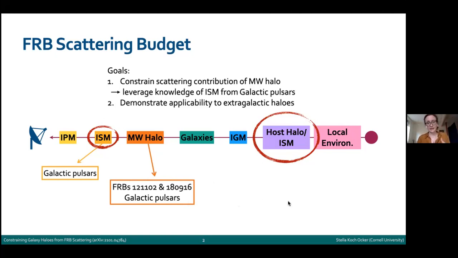And then finally, we extrapolate that analysis to the case of galaxy halos that are in between the Milky Way and the host galaxy. And we look at two specific cases of FRBs that pass through intervening halos, 181112 and 191108.